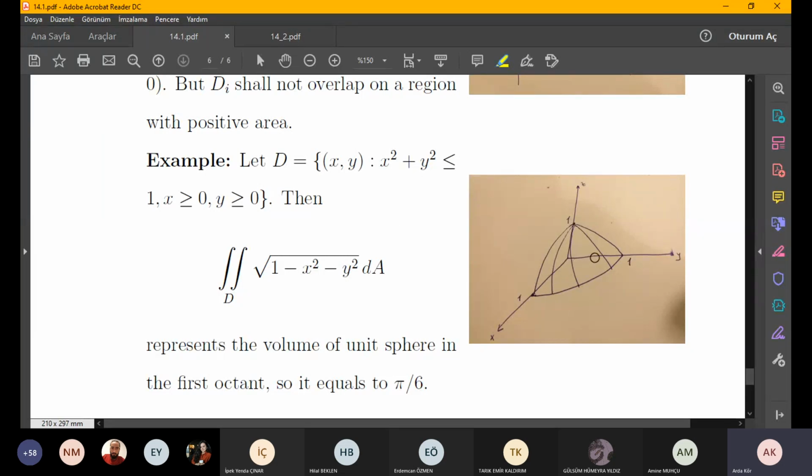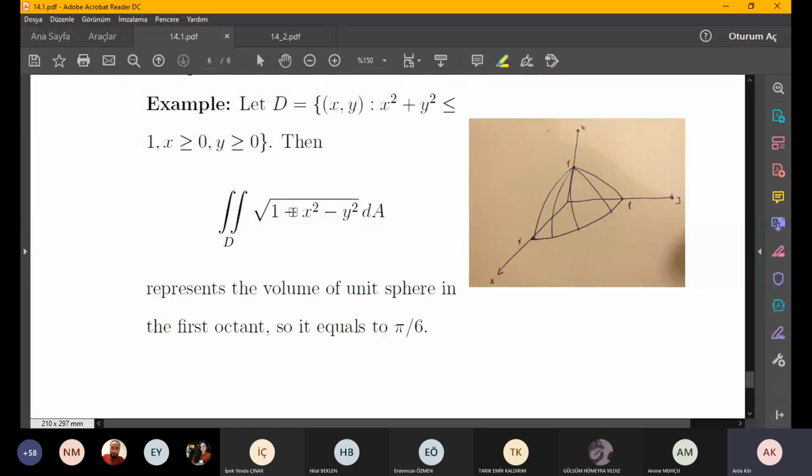This will be the region D, and we try to find the double integration of the square root of 1 minus x squared minus y squared over that region D. We know that it is positively defined on the first octant here, if we suppose z is the square root of 1 minus x squared minus y squared, and from the definition of f(x,y), it is the unit sphere in the first octant of xyz space. So this will be the volume of the unit sphere.